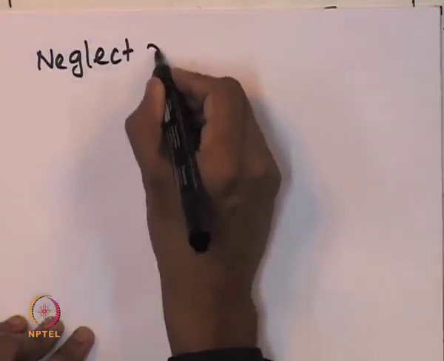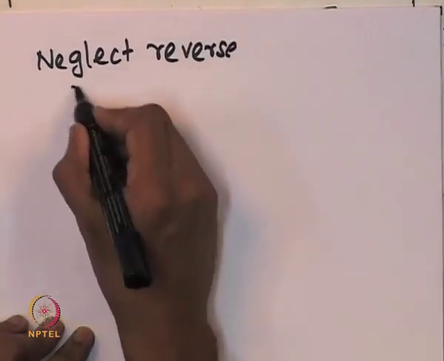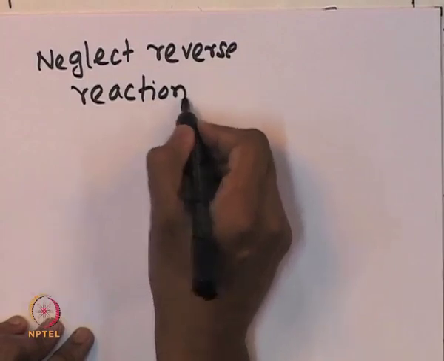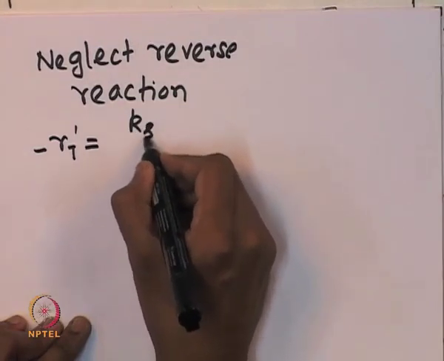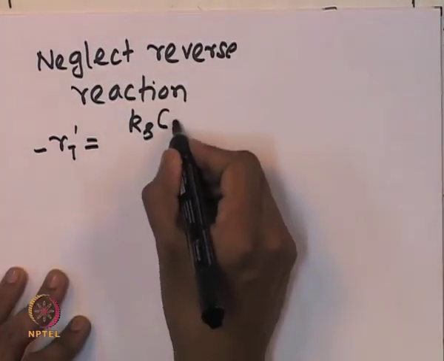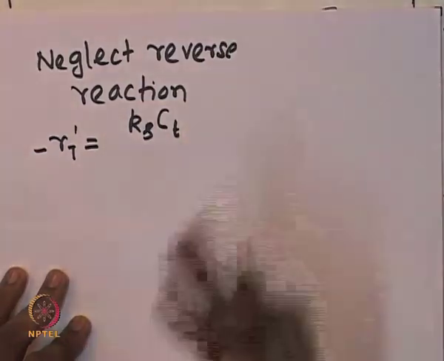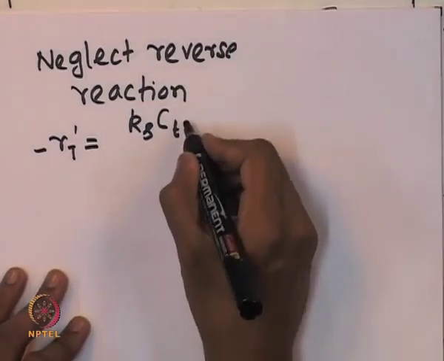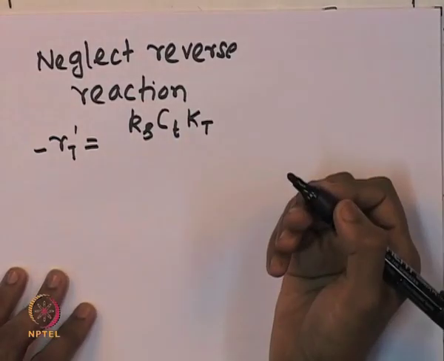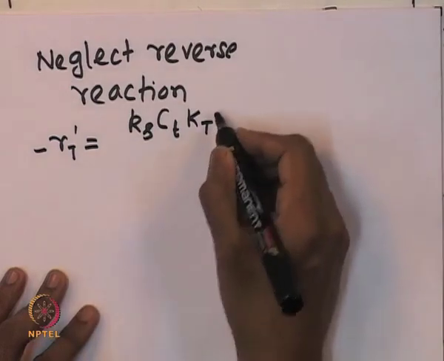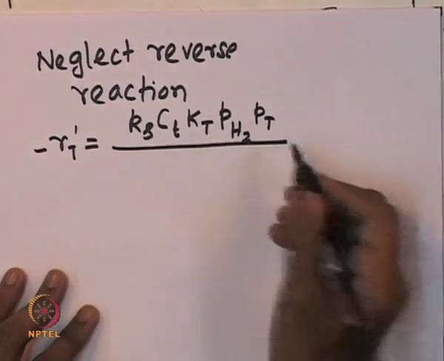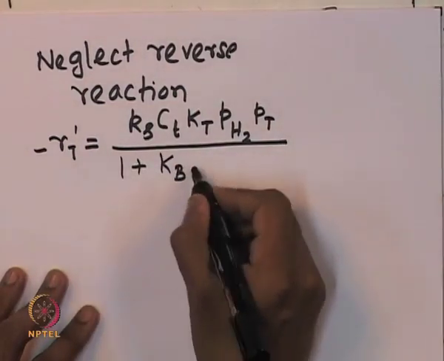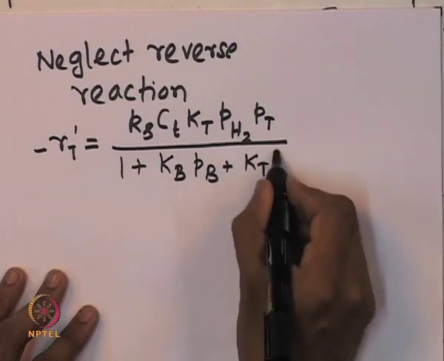Then the rate can be given by K s, the rate constant for the surface reaction, multiplied by C t, the total number of catalyst sites available in the catalyst, and K t, the adsorption constant for toluene, and the partial pressure of hydrogen, the partial pressure of toluene, divided by 1 plus K b P b plus K t into P t.